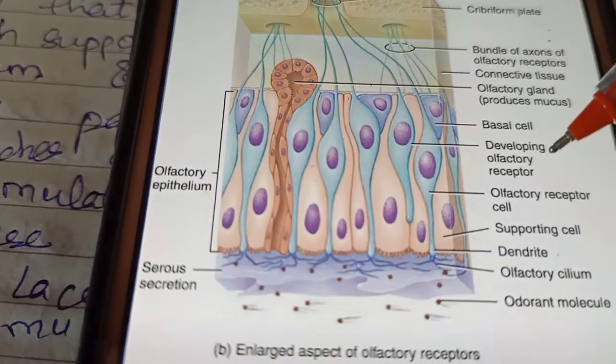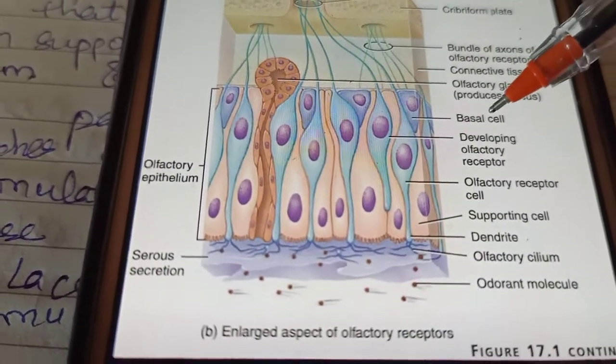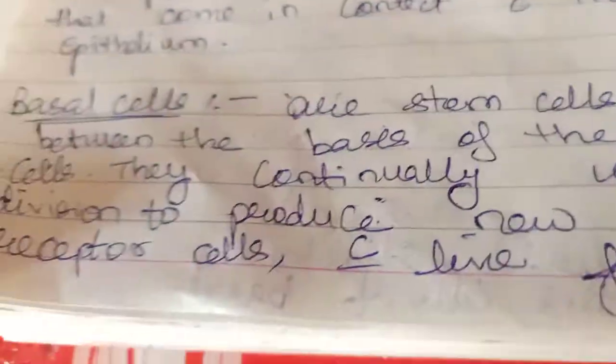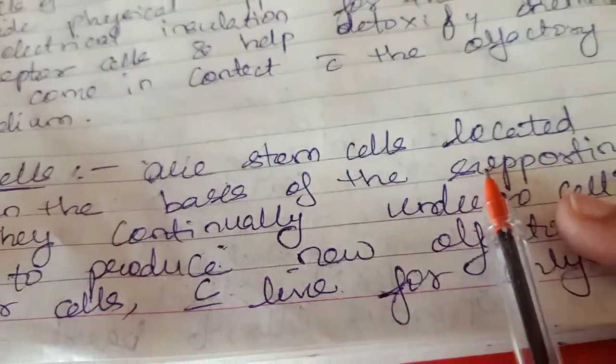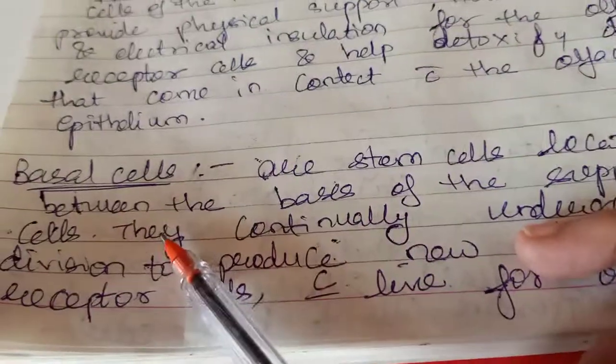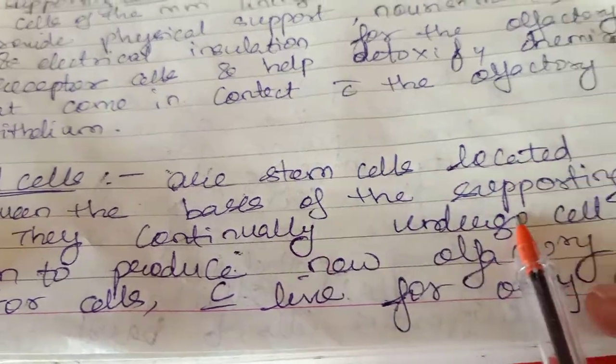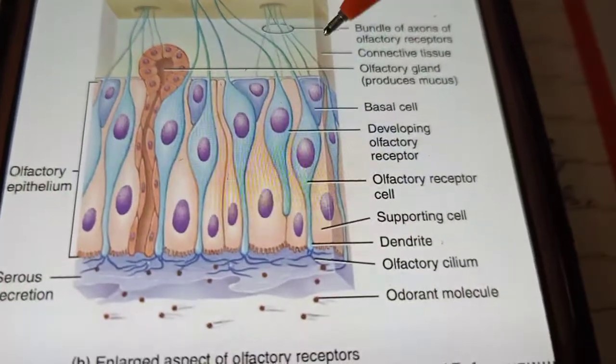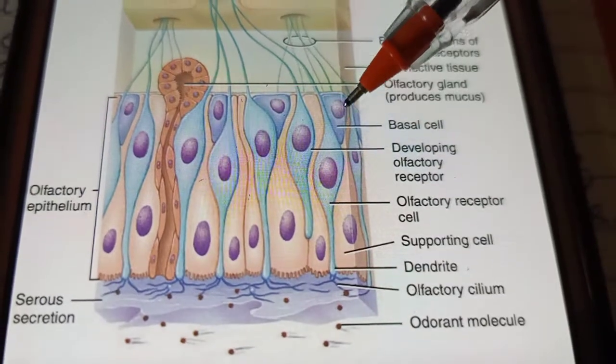The last cells present are the basal cells. The basal cells are stem cells which are located between the bases of the supporting cells. You can see these are the basal cells.